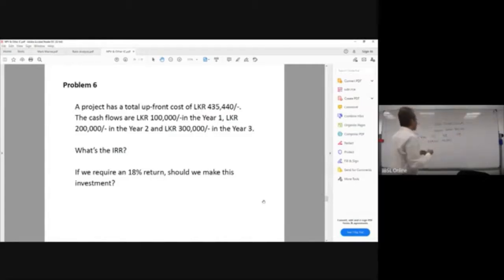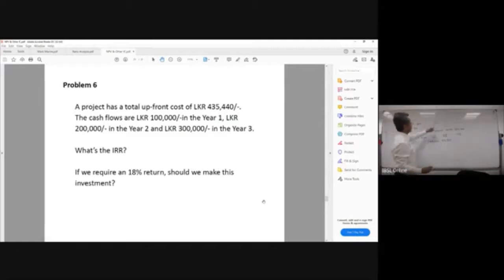10%. That is 10% here. What should come here?